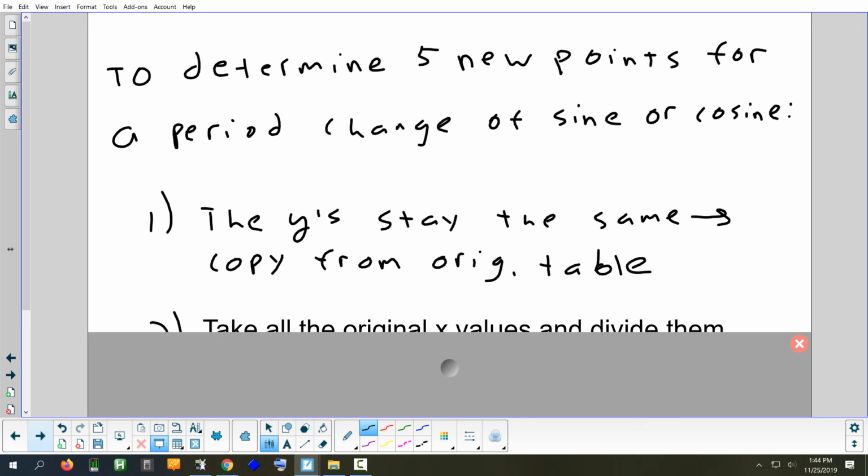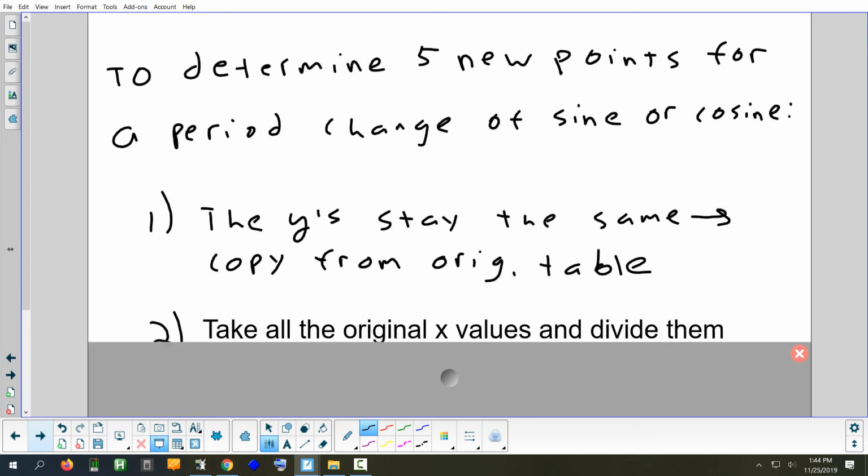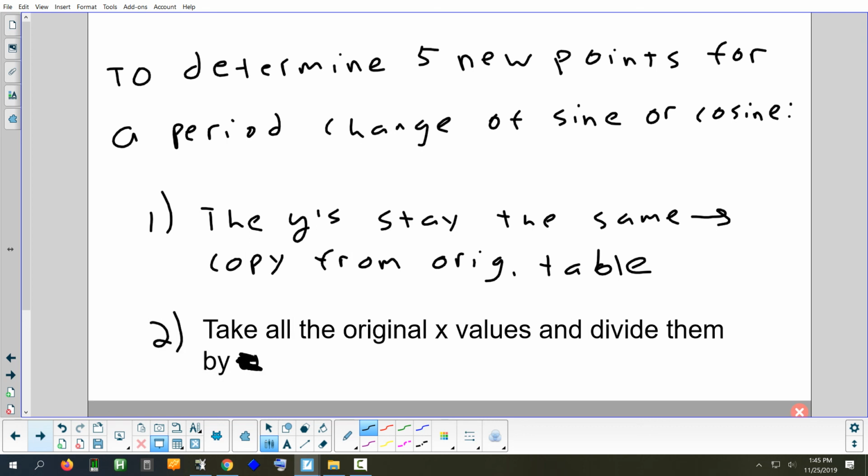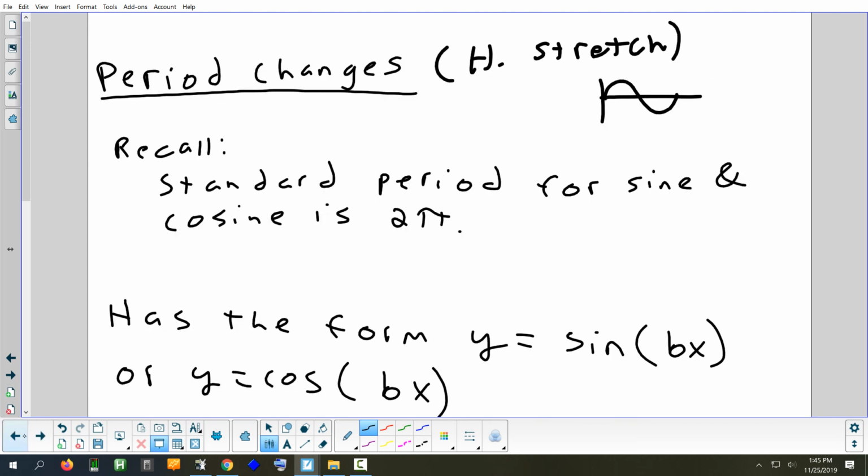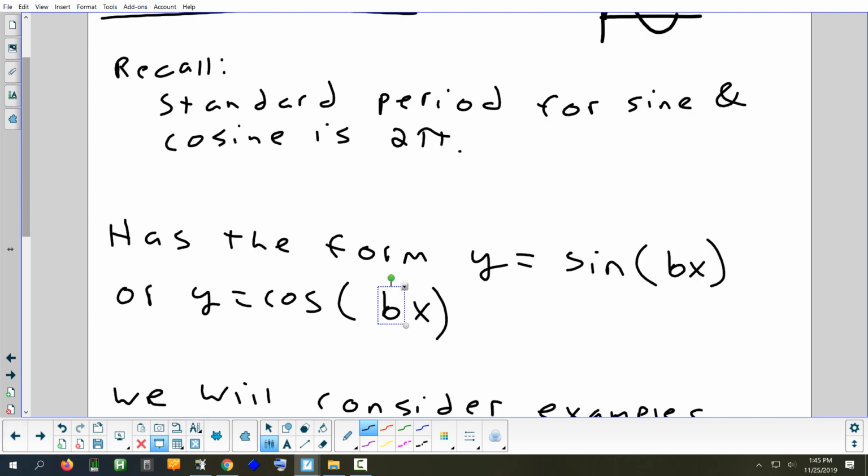So at least we got something staying the same. Now, to find your new X values, just take the old ones and divide by B. Why divide? Because the original problem had multiply. And we always do the opposite for horizontal stuff. That's why we're going to divide.